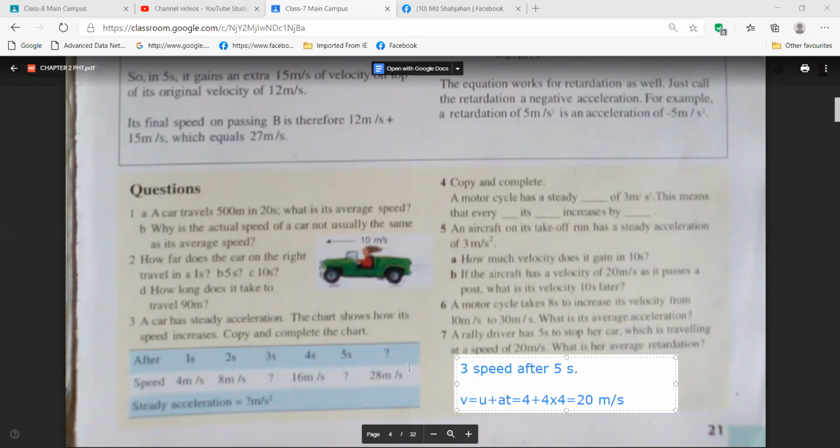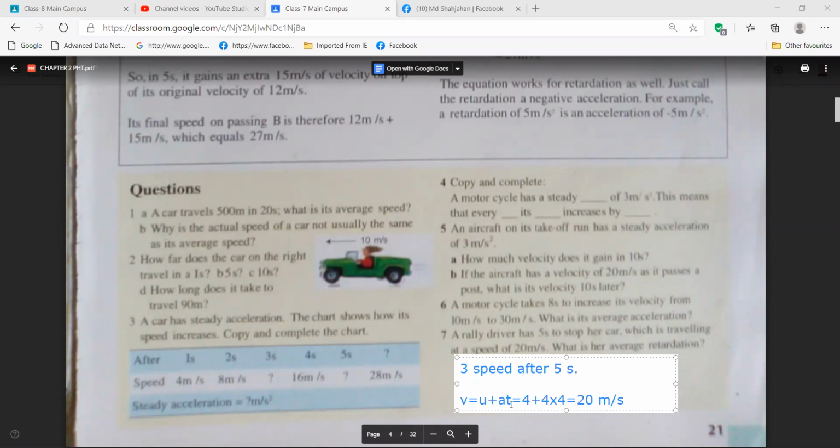Question 3, the last one. Did you find the time? Sir, I got 7 seconds. Very good. Your answer is correct. So how did you do that? You have the working. What is the formula you used?